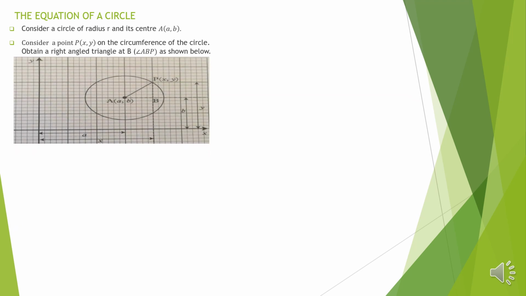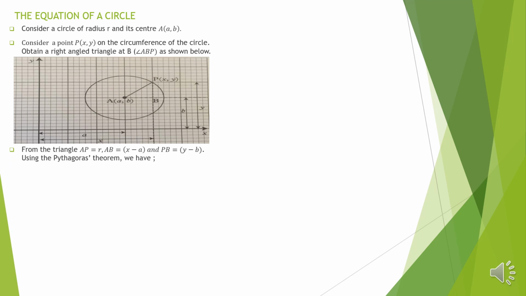So from the diagram provided, we see that from A to B, that distance is going to be x minus a. And then from B to P, that distance is going to be y minus b. And for this case, you are going to realize that the radius of the circle is taken to be r.